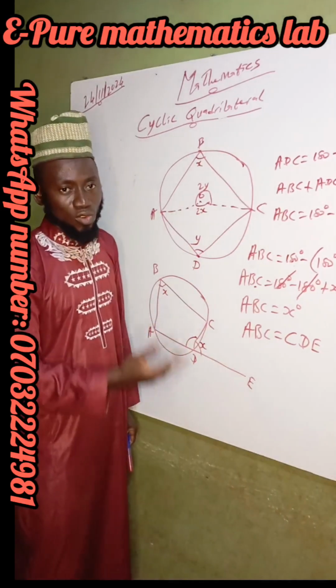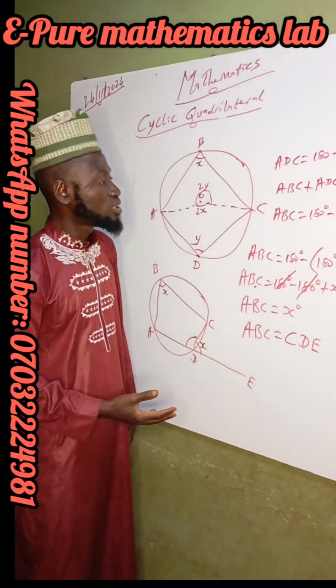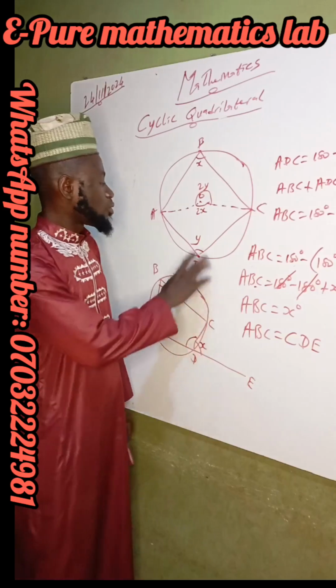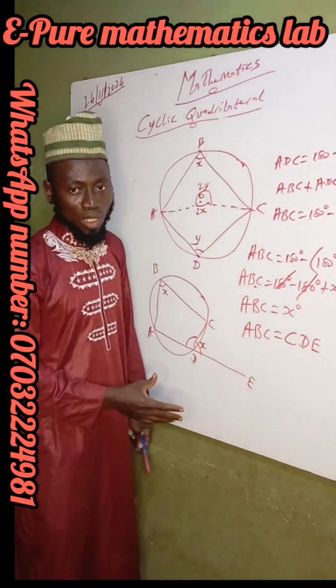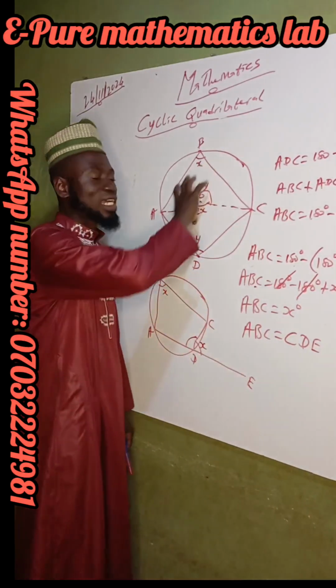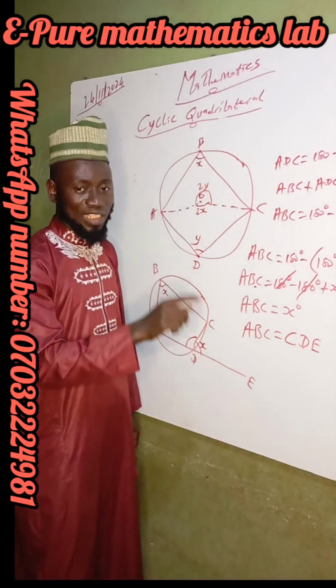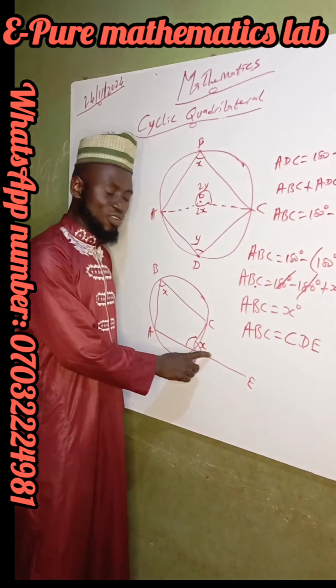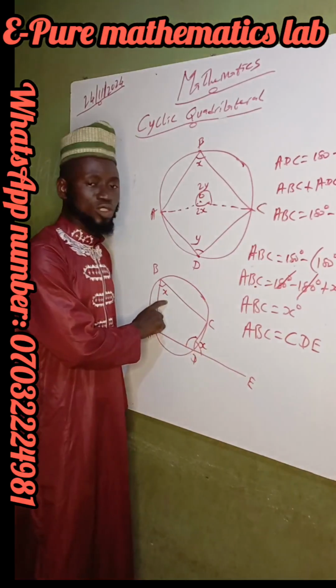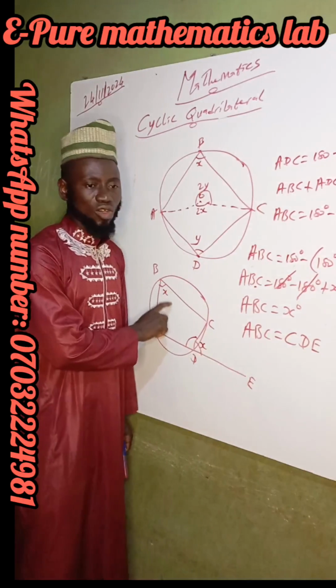We proved that. So before we finish today, don't forget that the theorem we talked about today is that the opposite angles of a cyclic quadrilateral are supplementary, and it follows that the exterior angle of a cyclic quadrilateral is equal to the opposite interior angle.